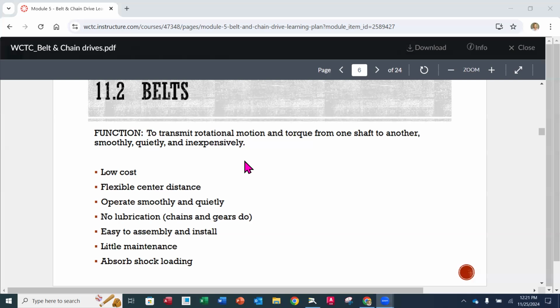All right, so we already mentioned they end up being low cost. The flexibility of that center distance, being able to get closer or further apart, is huge compared to gears, okay? Belts are also going to operate more smoothly and quieter. When you're in an industrial situation and you go out on the shop floor, there's a lot of noise going around, okay?